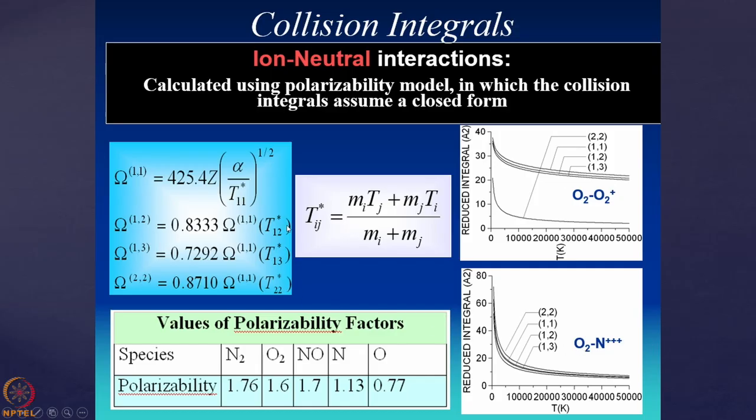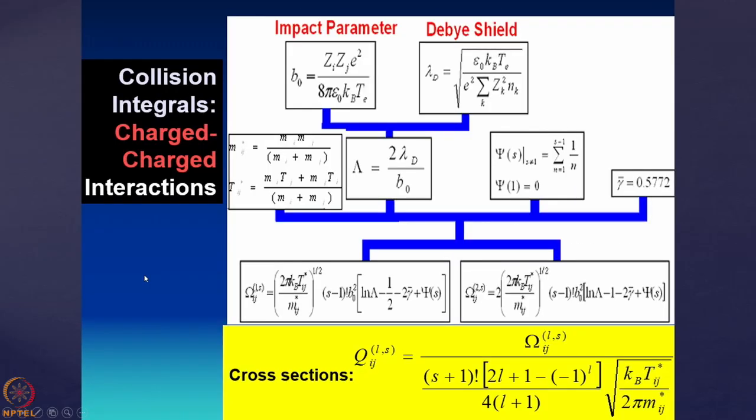This is just to give you an impression of what forms these collision integrals take when you actually want to calculate them for different kinds of species, and how the actual values vary. These graphs give some impression about how they should look, and these are the kind of expressions they follow. Now coming to the charge-charge interaction.